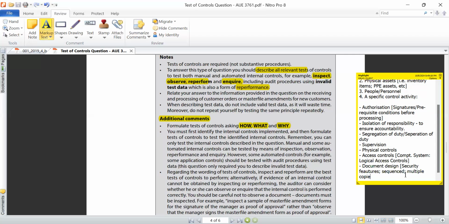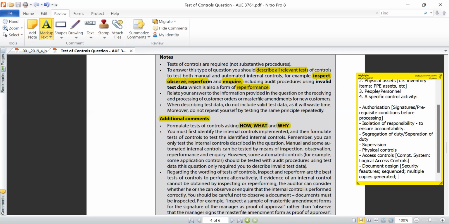Very important. If we don't have multiple copies being generated, it means there is no flow of documents. So that's with regards to document design: security features, sequenced or pre-numbered documents, and multiple copies.